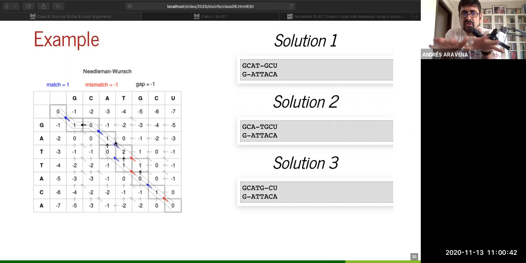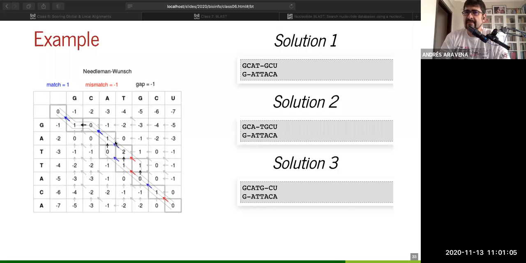And in this context, we don't have any way to decide which of these alignments is the correct one, in the sense of the biologically meaningful. At some level, they are all equal. We don't have any way to distinguish them. So they are all true at the same level.